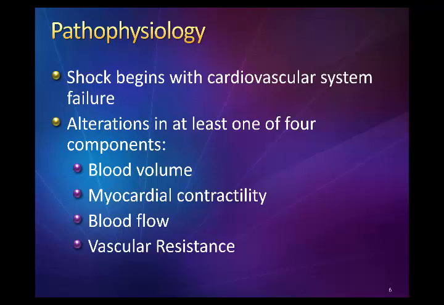Hypovolemic shock, we don't have enough circulating volume for the heart to pump out, so it affects the cardiovascular system. Then you look at the distributive shocks. In the distributive shocks, what's happening is the vascular bed is so dilated that there's not enough blood going back to the heart to meet the metabolic needs of the body.